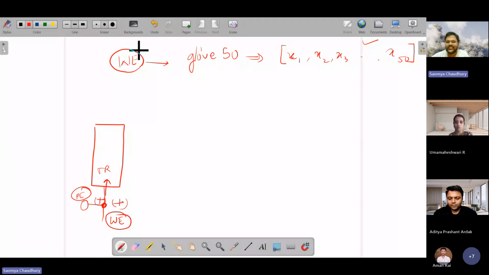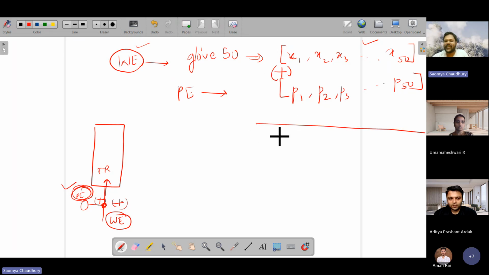To match this word embedding, the positional embedding must also have exactly 50 dimensions, p1 to p50. Understand this, guys. That way, at the end of the day, you just do an addition operation: x1 plus p1, then x2 plus p2, and so on till x50 plus p50.